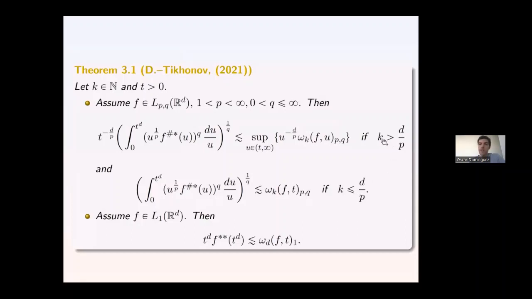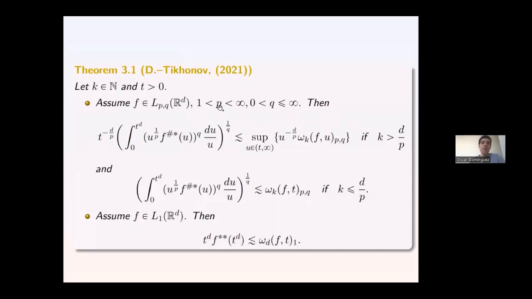Firstly, if the smoothness is strictly larger than the critical exponent, then we can obtain this pointwise estimate. On the other hand, if the smoothness is less than or equal to the Sobolev exponent, we can improve the previous estimate and remove this sup on the right-hand side and obtain this inequality.